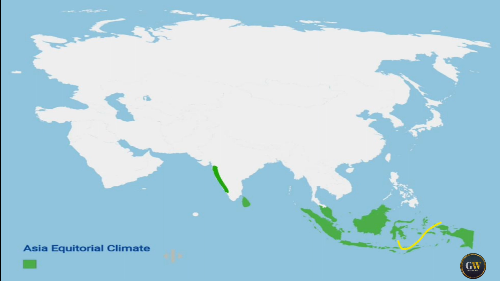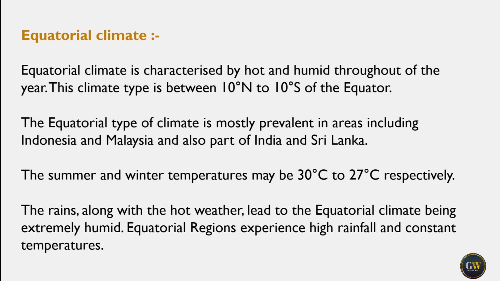So Indonesia, Malaysia and some part of western India, that is the Western Ghats, also experience the equatorial type of climate, and Sri Lanka is also included in the equatorial type of climate. So equatorial type of climate is characterized by hot and humid climate. The rainfall is very high and it continues throughout the year. The equatorial climate is characterized by hot and humid weather throughout the year.